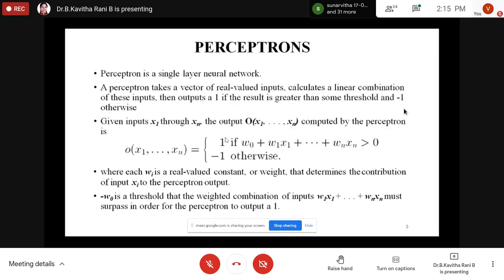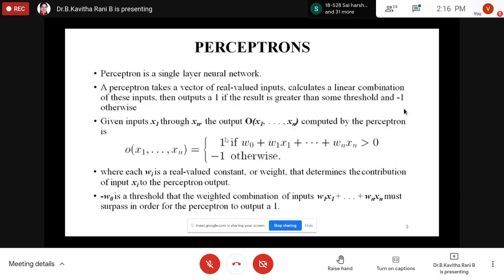First of all, perceptron is nothing but one neuron. It is a particular neuron, and it is a type of artificial neural network system. It is a basic unit in neural networks, and a combination of many perceptrons will form the structure of a neural network. It is also called a linear classifier.